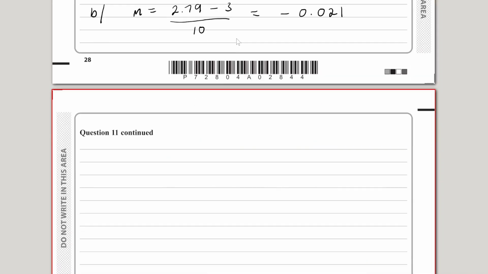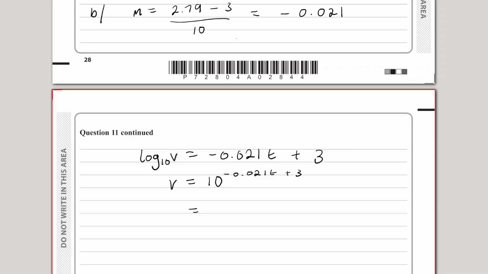So our straight line is y equals mx plus c, and the y-intercept was at 3. So taking it out of log form, we'll have v equals 10 to the power of minus 0.021t plus 3.